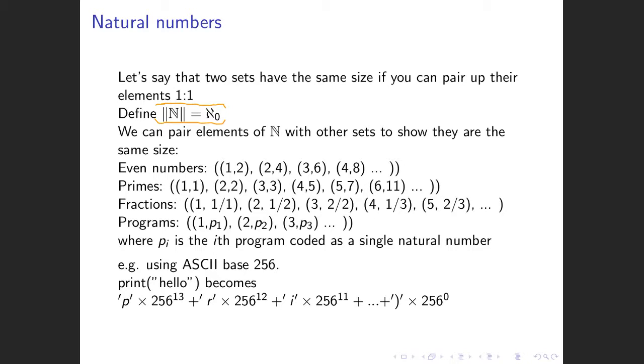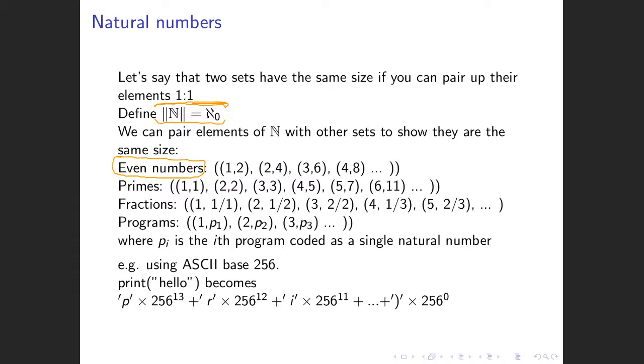For example, the size of the set of even numbers is the same as the set of natural numbers. Okay? Now you might think there are only half as many even numbers as natural numbers, but in fact both of them are infinite and they both have size Aleph-0.